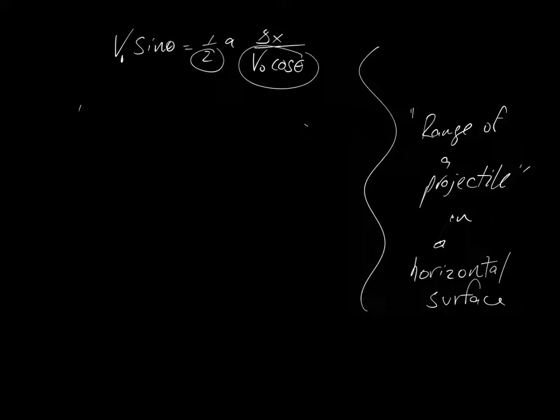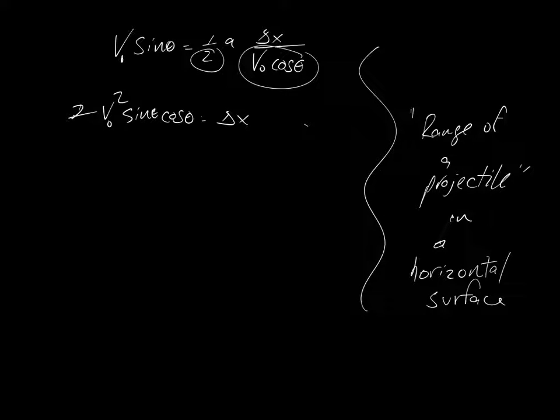So I've got 2 initial velocity squared, hopefully I'm not forgetting anything. Yeah, initial velocity times initial velocity. And then sine theta cosine theta. So that looks good, and that should be equal to delta x.